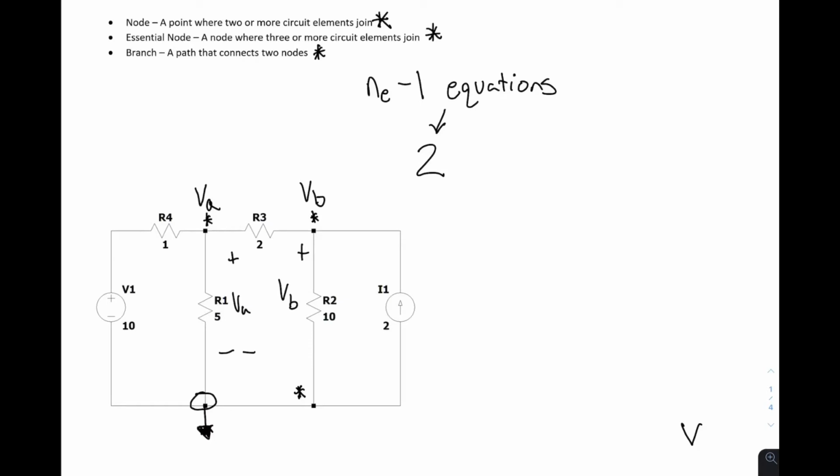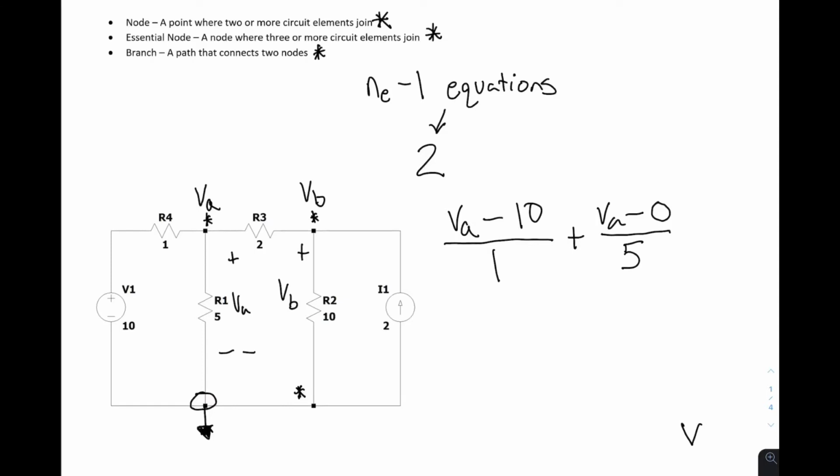Using Kirchhoff's current law, you're going to take the voltage drop of the current away from the node in question. If we start with VA, the current away from VA is going to be VA minus V1, which is 10, divided by 1, which is R4. The current in the next branch, leaving VA, is going to be VA minus 0, which is our reference voltage, over 5.